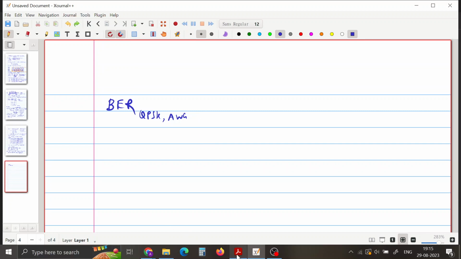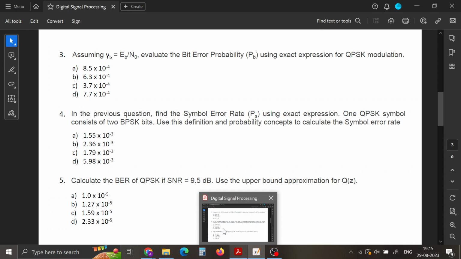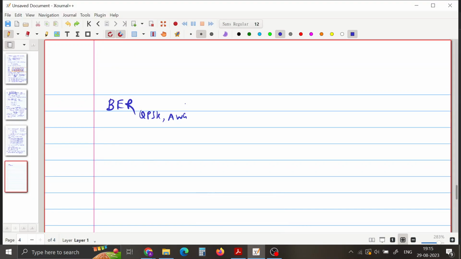So your approximate bit error rate. You can write AWGN because there is no fading. This is approximately e power minus z square. What was z square? Just a minute.